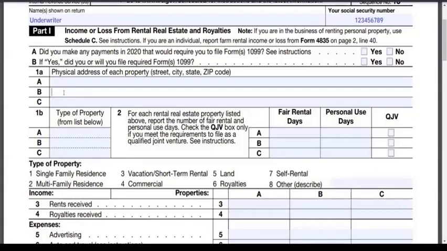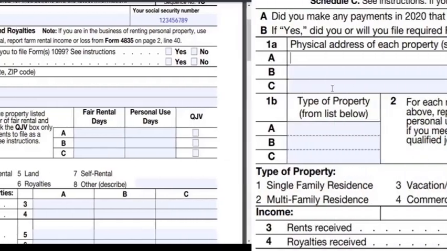So if someone has three properties, they can write all three properties. If someone has more than three properties, they can add only three addresses on this page, and then they have to add one more similar page, and there they are going to disclose the other properties. See the addresses.